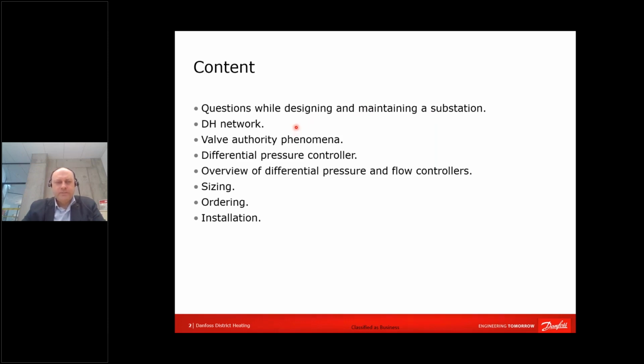How does it work? I have included an extra topic about valve authority phenomena. Then after that, we will switch to the differential pressure controller itself. We'll have an overview of differential pressure and flow controllers. And then we will switch to sizing, ordering, installation.